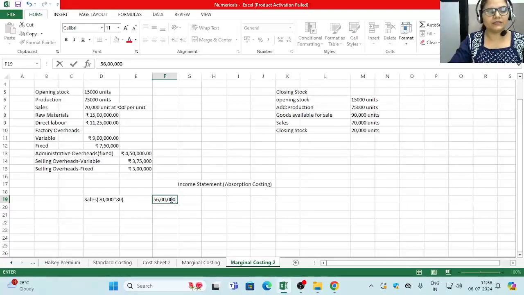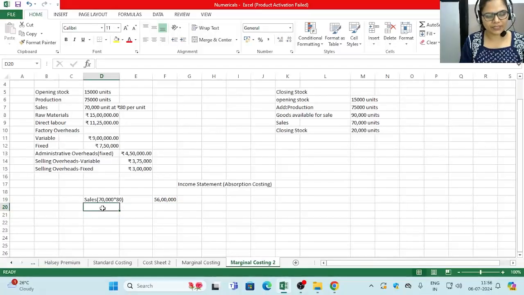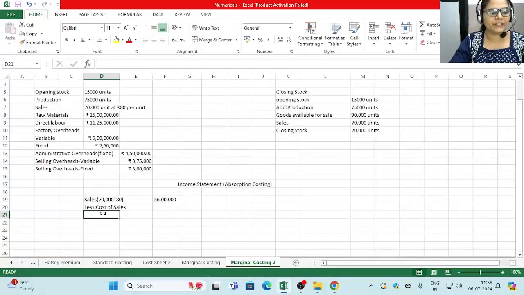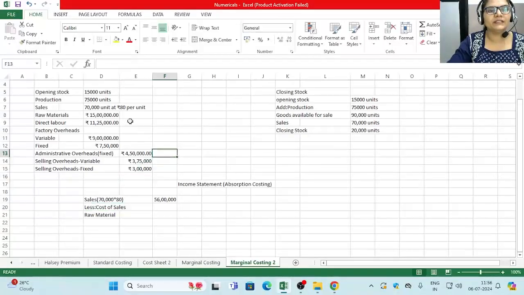As we are making the income statement under absorption costing, we will directly calculate the cost of sales, and there will be no differentiation between fixed and variable cost. So first of all, raw material. Raw material is 15 lakh.